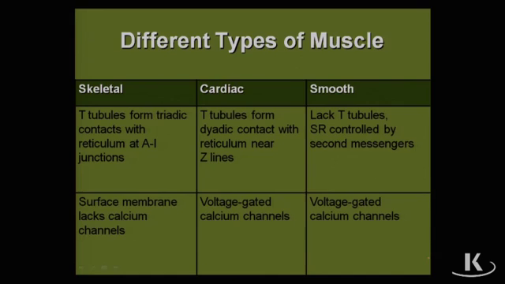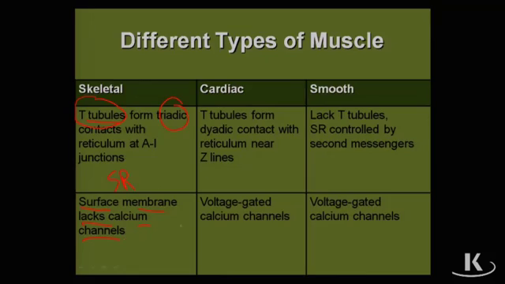Our final slide. The T-tubules form triads where you join up with the sarcoplasmic reticulum. The reason that the surface membrane lacks calcium channels is because you're not taking calcium in from outside the myofibril.